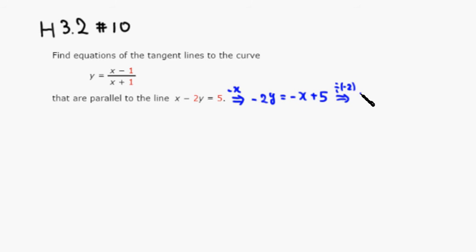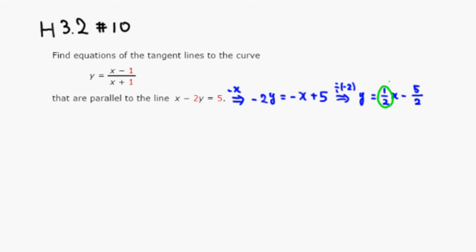So y is equal to negative x divided by negative 2, which is 1/2 x, negative negative is positive. Then you have a minus 5 halves. You can see that the slope shows up right here, so the slope is going to be 1/2.